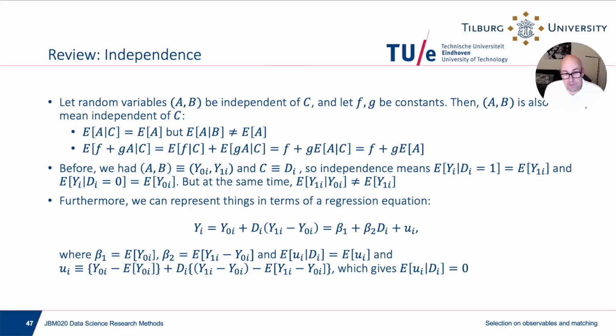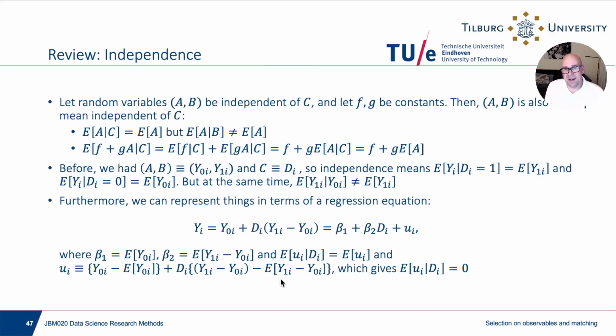To finish this off, if d is equal to 1, then ui is y naught minus the expectation of y naught plus y1 minus y naught minus the expectation of y1 minus y naught. So what that actually is then is y1 minus the expectation of y1i, the rest cancels.